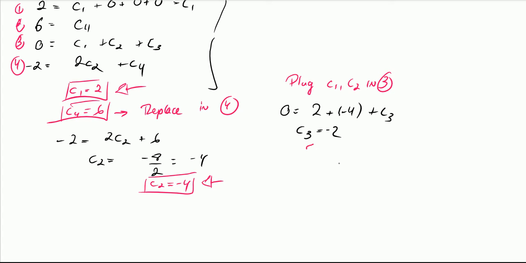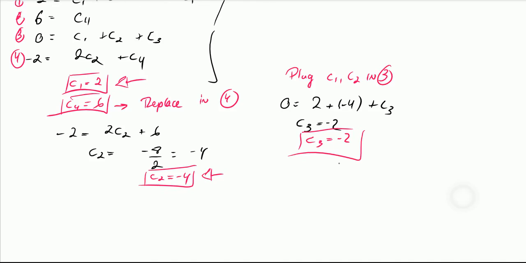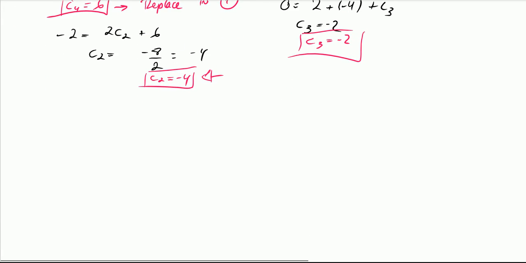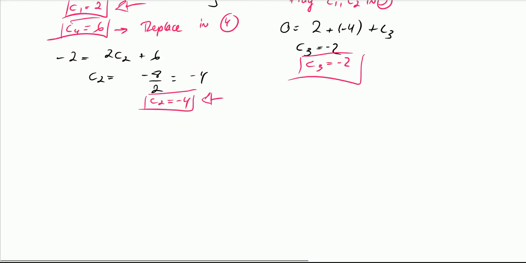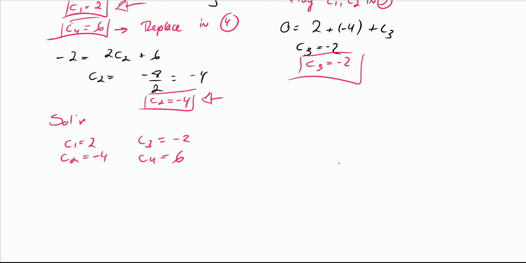That means I do get a result. My solution is C1 is equal to 2, C2 is equal to minus 4, C3 is equal to minus 2, and C4 is equal to 6.